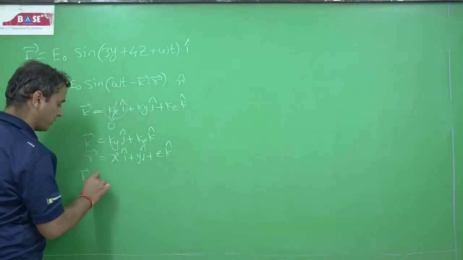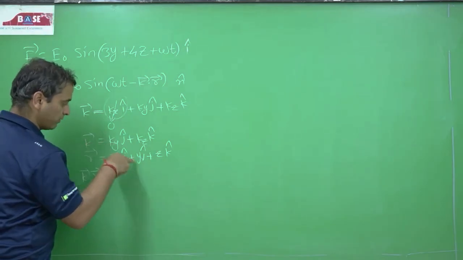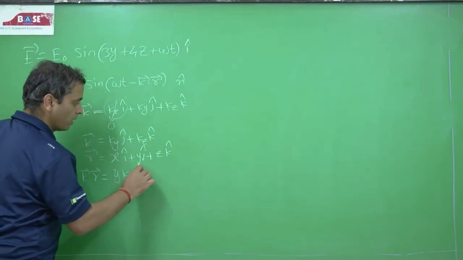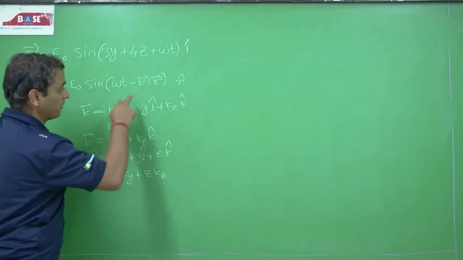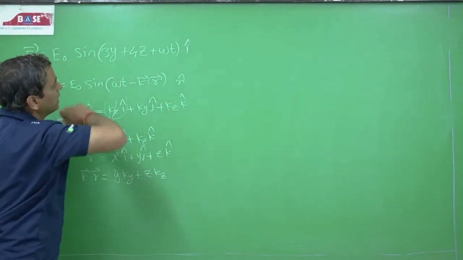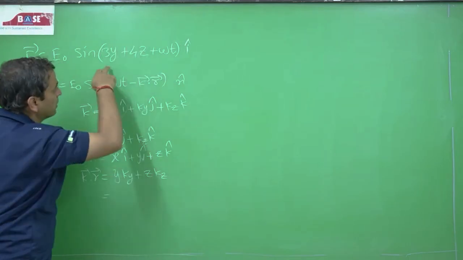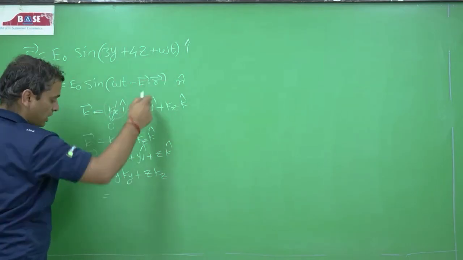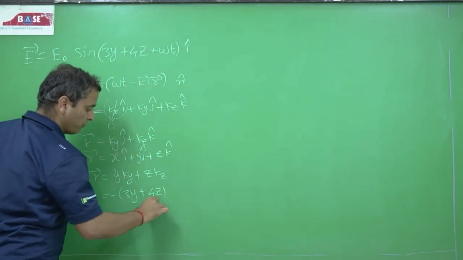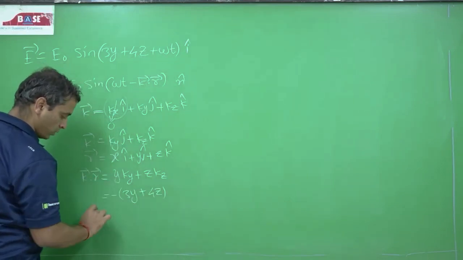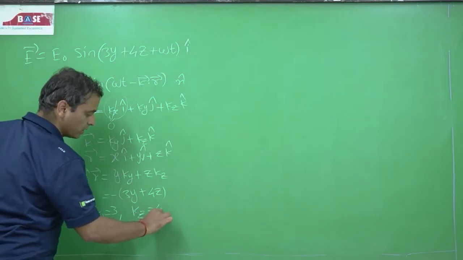We could write k vector dot r vector as x into 0, then y ky plus z kz. And comparing it with the original equation given in the question, 3y plus 4z is minus of k vector dot r vector. So that's minus of 3y plus 4z. Now comparing both these equations, we could say ky equals 3 and kz equals 4.